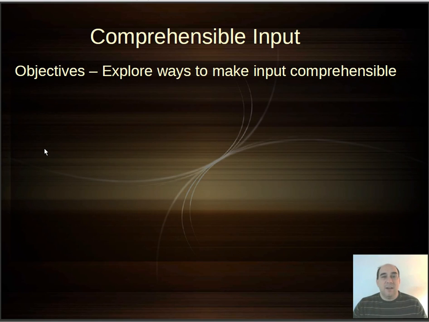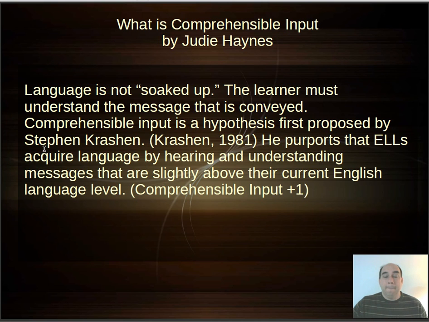First thing, objective here is to talk about ways to make input comprehensible. And really all this means is to make sure that the stuff that goes into the class and to the students' environment is something that they can uptake, they can appropriate and understand and put into their language system and further into their memory.